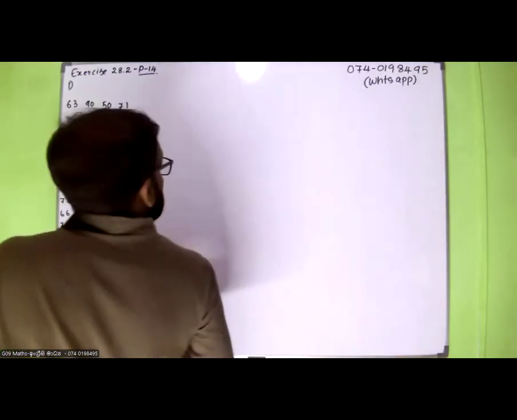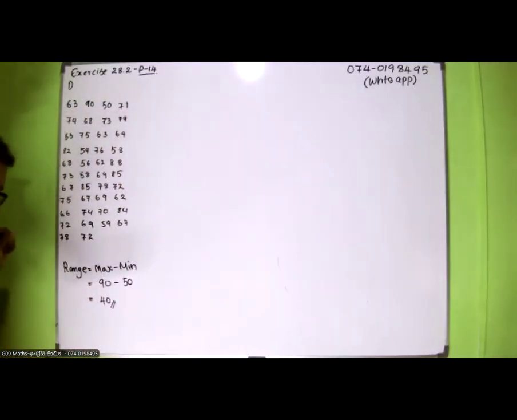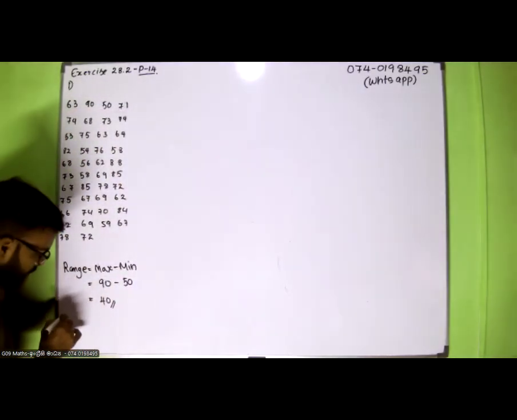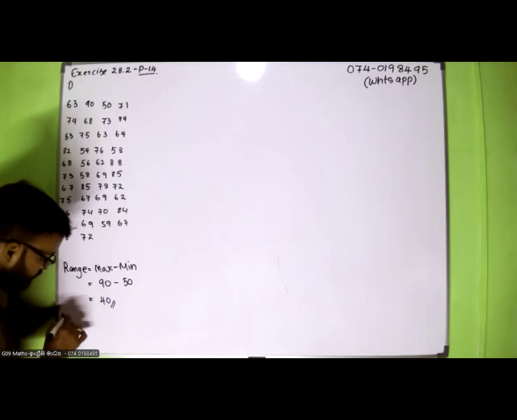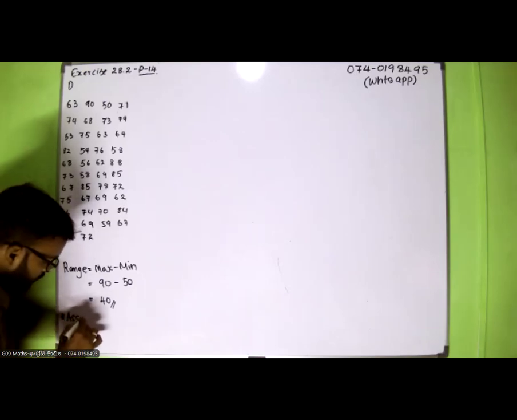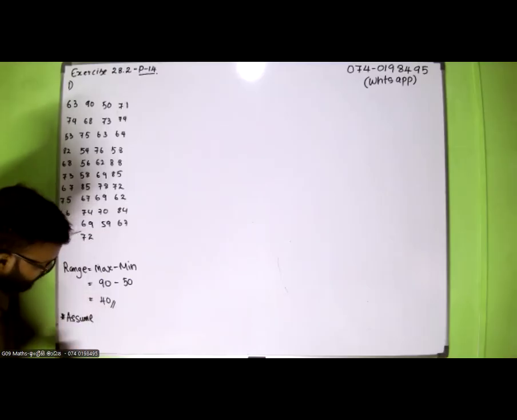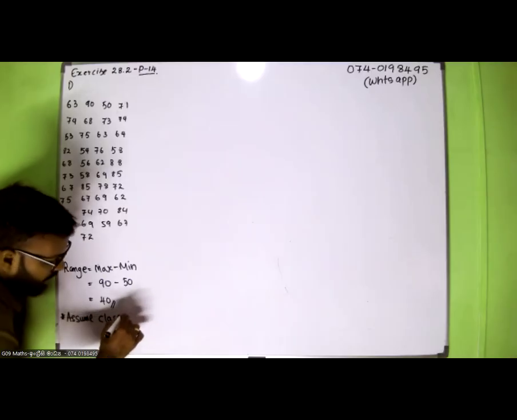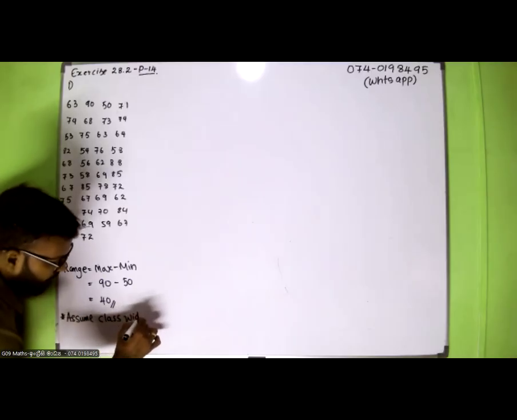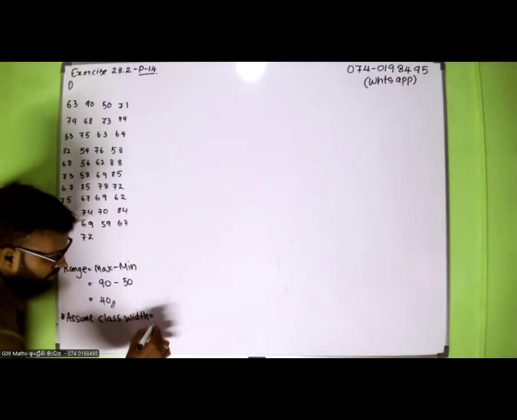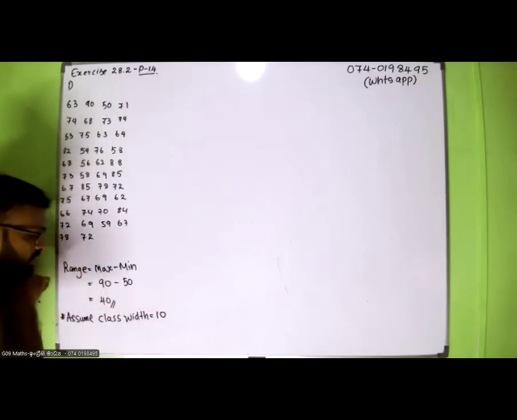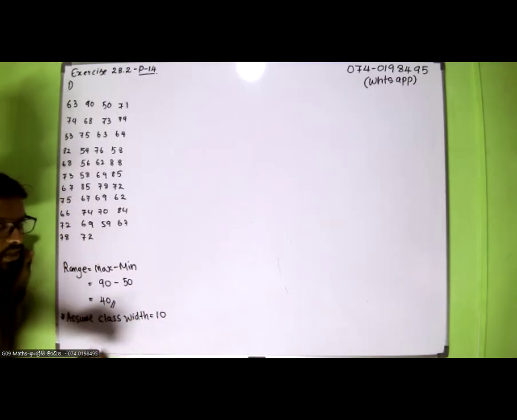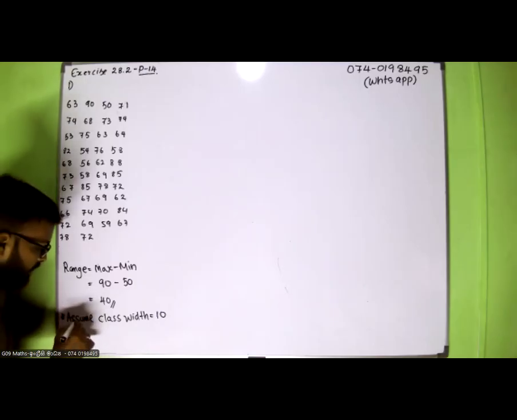Right. So let's get to the thing. Now you know how to find the number of class intervals. First of all, you need to write: assume class width equals 10. So I will take my class width or class size as 10, so that you can find the number of class intervals.